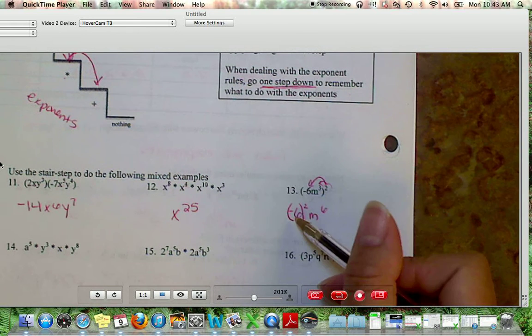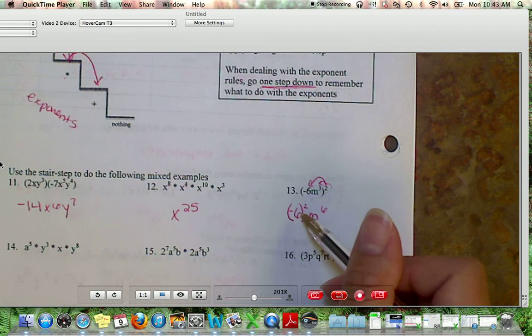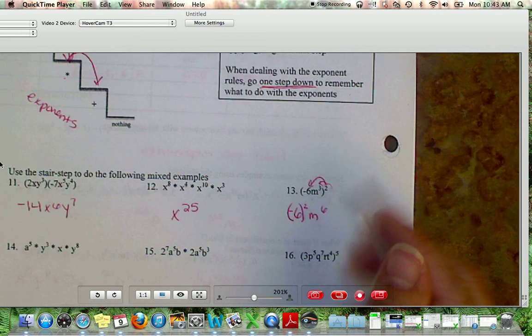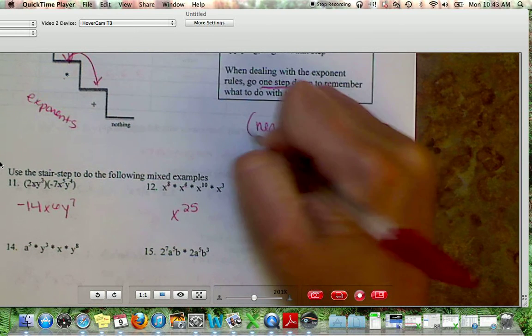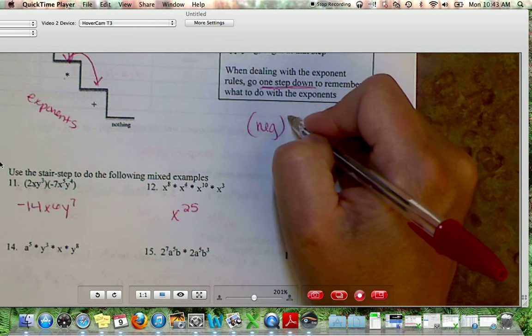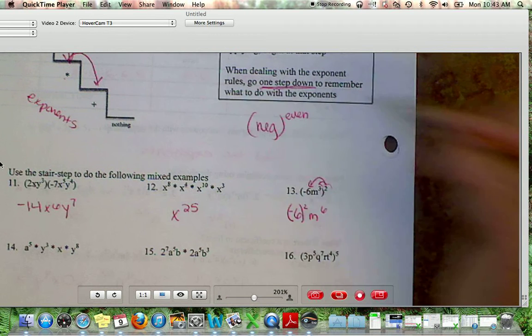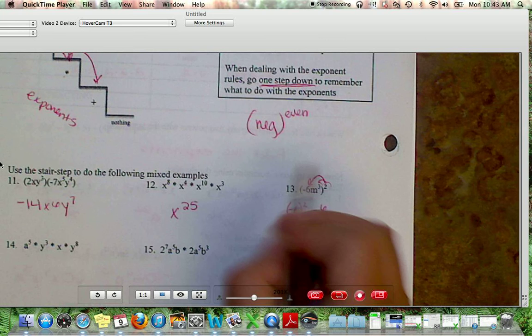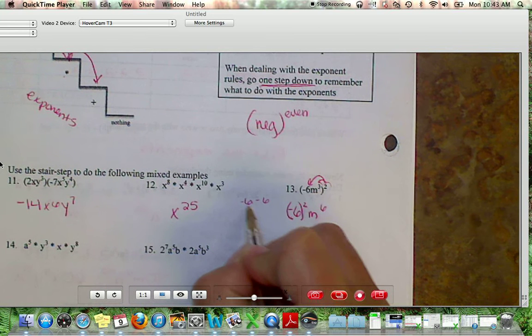Now let's talk about this. -6 to the 2nd power, that'd be -6 times -6, which would be +36. So here's the rule of thumb. If you take a negative number and you raise it to an even exponent, like -6 raised to an even exponent, the negatives are going to pair up and it's going to become positive.